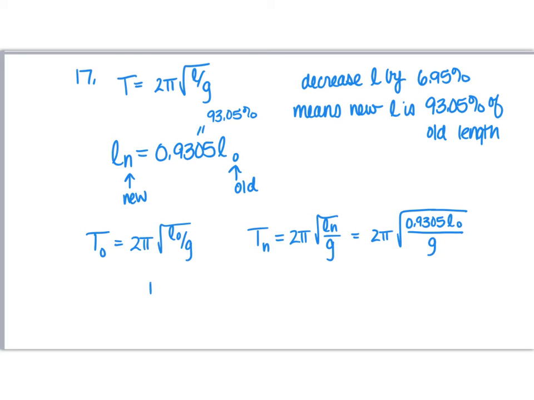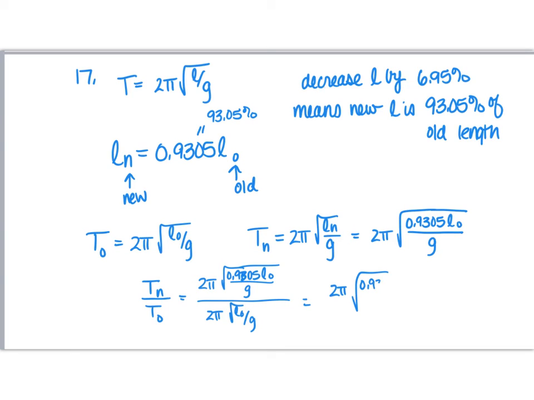So I'm going to write a ratio, T new over T old, be 2 pi the square root of 0.9305 L naught over G, and then the old is 2 pi the square root of L naught over G. So this becomes 2 pi square root 0.9305 L naught over G, and then I'm going to multiply by the reciprocal, G over L naught.